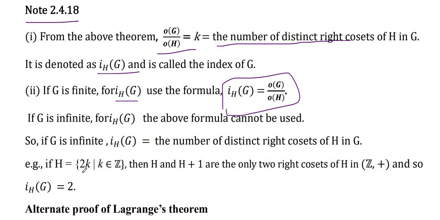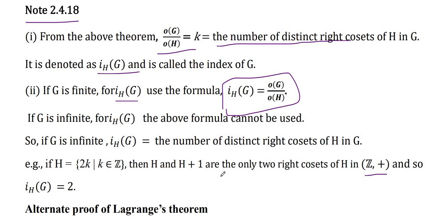In the case of this group, the integers under addition, we have only two distinct right cosets. One is this, the other one is H plus 1. Even though G is infinite, we don't have an infinite number of right cosets.